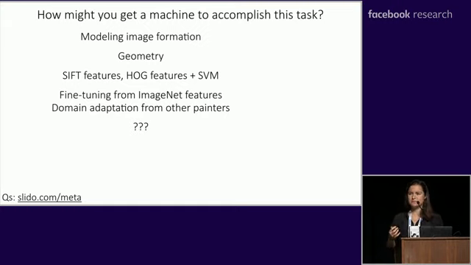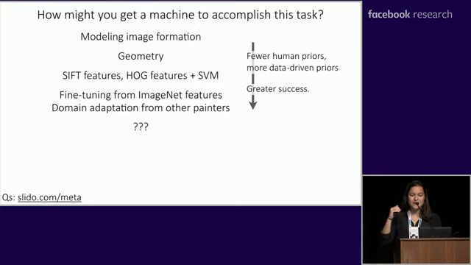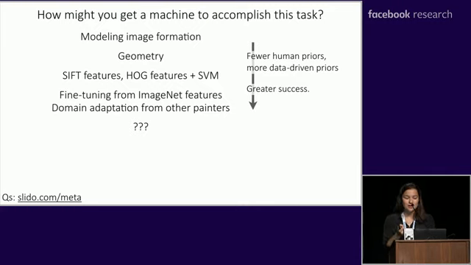So these different approaches may seem very distinct in the kind of approach that they're taking, but they all share one thing in common, which is all of them are different ways to inject previous knowledge or previous experience into the system. And as you move down, you get fewer human-engineered priors and more data-driven priors. And also, as you move down, you get systems that work undoubtedly better.